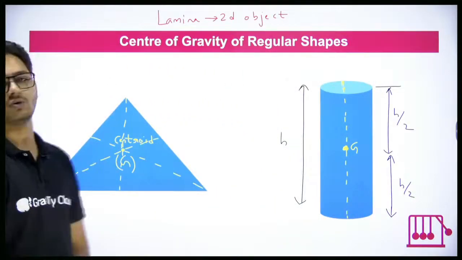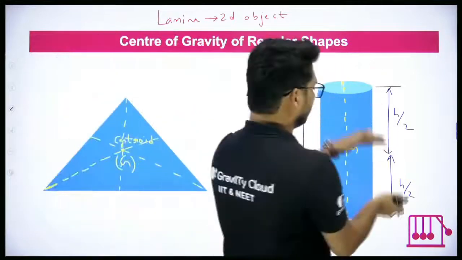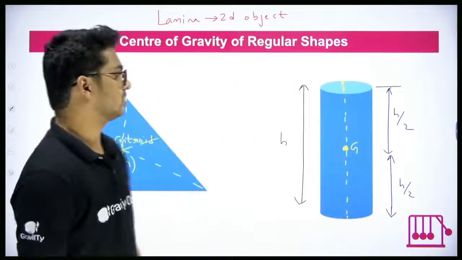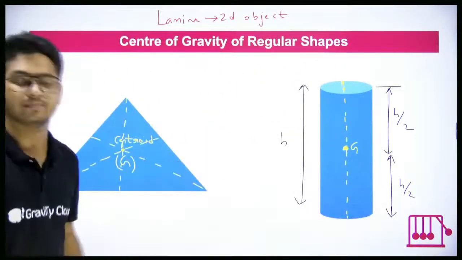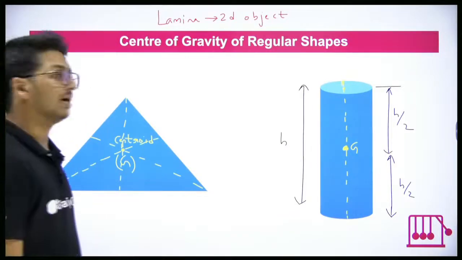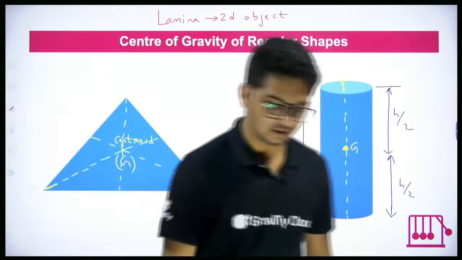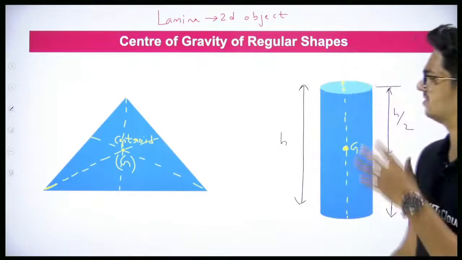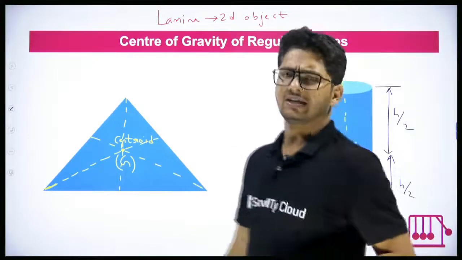Got it? H by 2. It's completely h, and here it is h by 2 and h by 2. Understood? Simple as that. Clear? Good. So this is for a triangular lamina and this is for a cylinder.